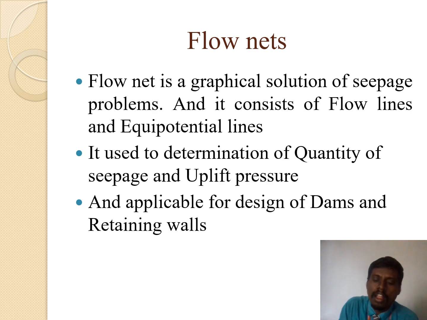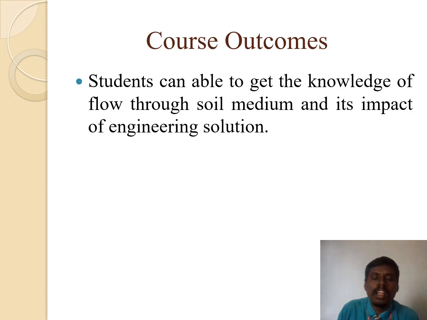Okay, next is the course outcome. From this unit we clearly understood the stresses developed in the soil, that means total stress, neutral stress and effective stress. Normally sigma equals sigma dash plus u.